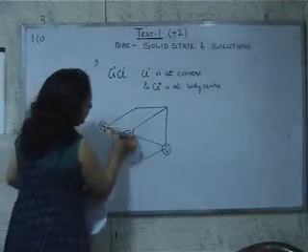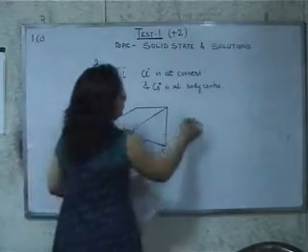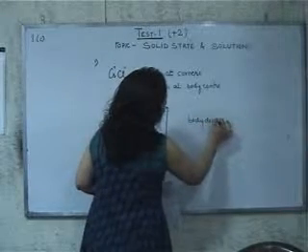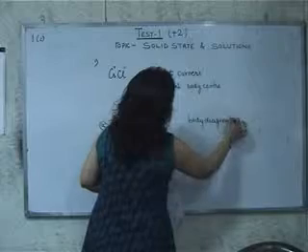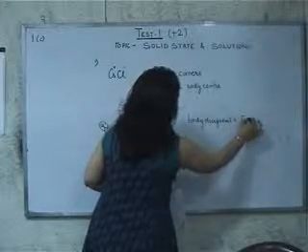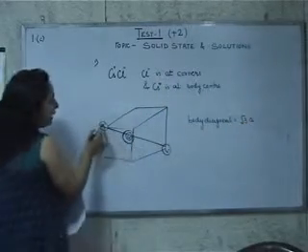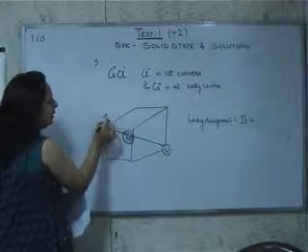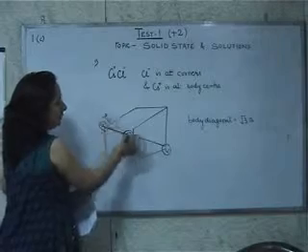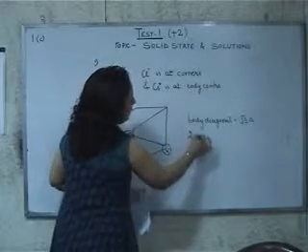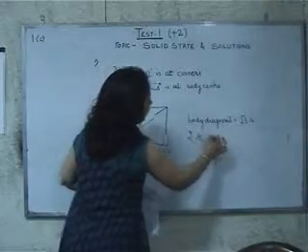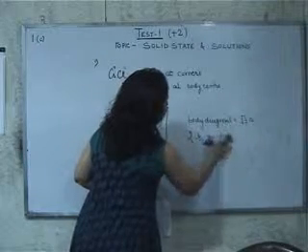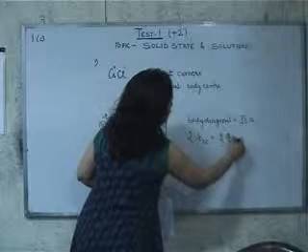This body diagonal is root 3a. Body diagonal is equal to root 3a. And at this body diagonal, there are 4 radii. Radii of chloride, 2 times radius chloride plus 2 times radius of cesium, 1 positive.